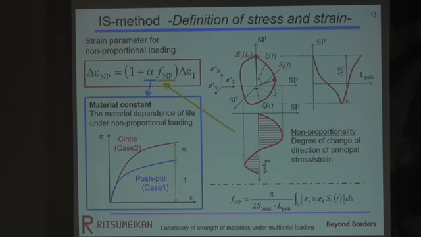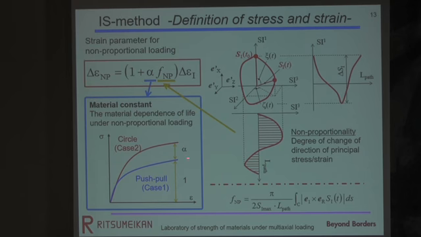And this FNP is the non-proportionality. This alpha is a material constant. This material constant represents the material dependence of life under non-proportional loading. It can be evaluated by this stress strain curve.